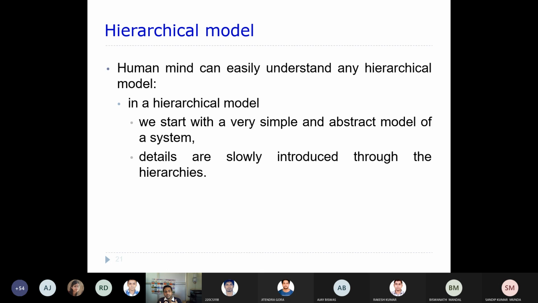Further down, first a large processing is carried out, and that large processing is further divided into smaller processings. When you come down to the smaller units, you understand everything in detail. That is the level of abstraction provided by any hierarchical model.